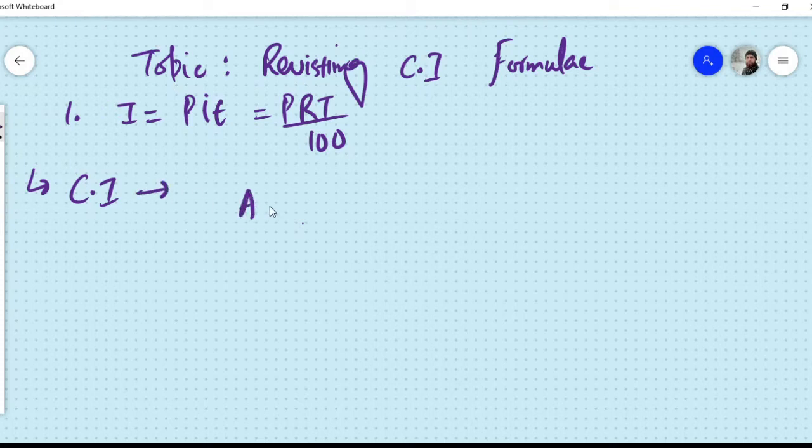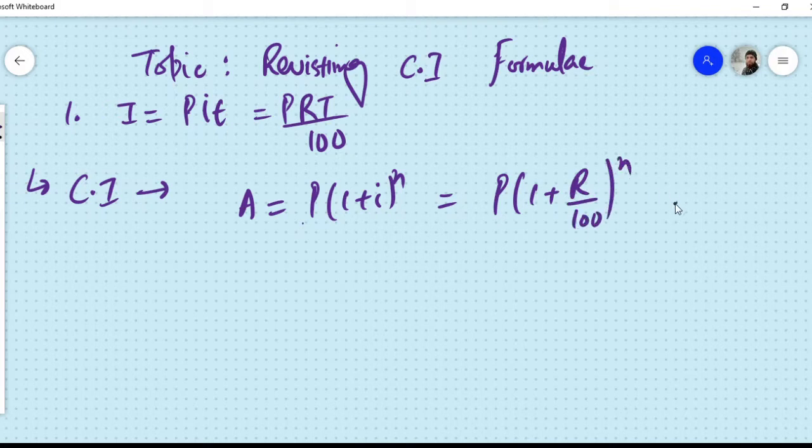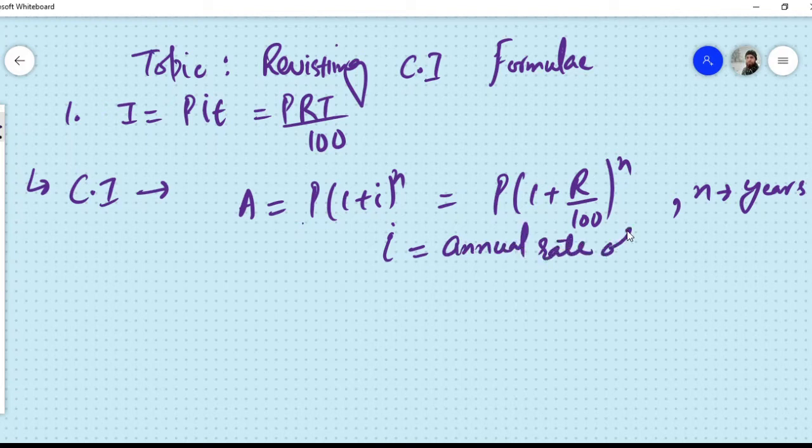So first we talk about accumulated amount, which is principal amount into 1 plus i power n, or we can say 1 plus r by 100 power n, and n is the number of years and i is the annual rate of interest, where i is equal to r by 100.